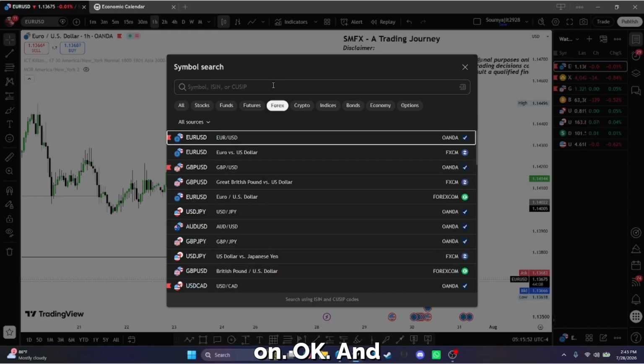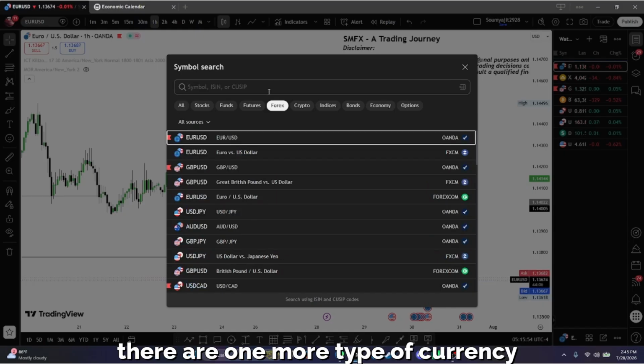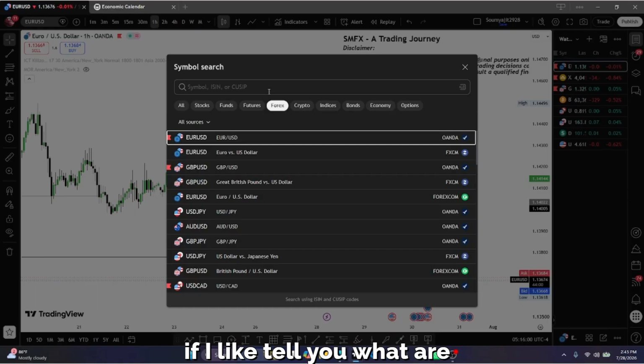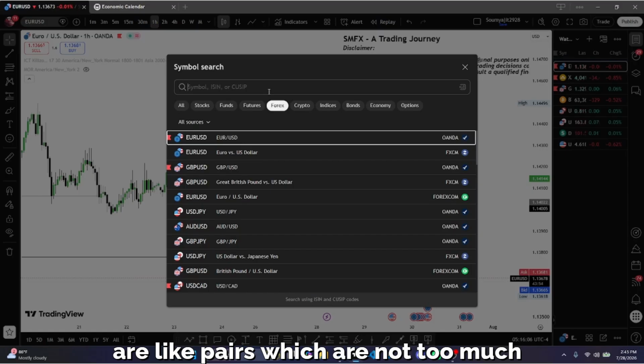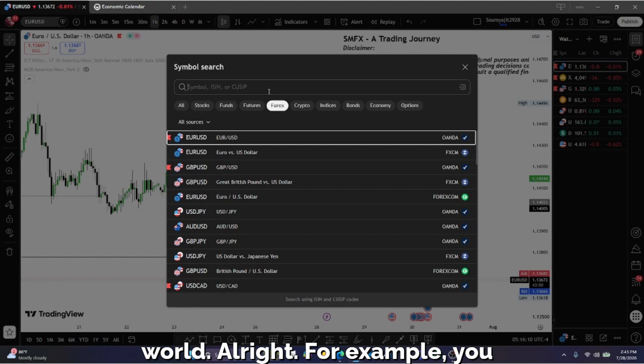There are also minor pairs, like USD CHF, USD CAD, and so on. And there is one more type of currency pair known as exotic pairs. These are pairs which are not too important or do not have much value worldwide.